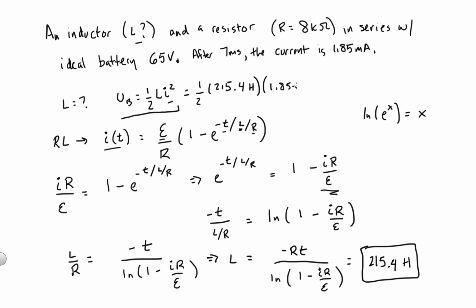So 1.85 times 10 to the minus 3 amps squared. And you put all that into a calculator, and it's not a whole lot of energy, but it's not nothing. 3.69 times 10 to the minus 4 joules for our energy.